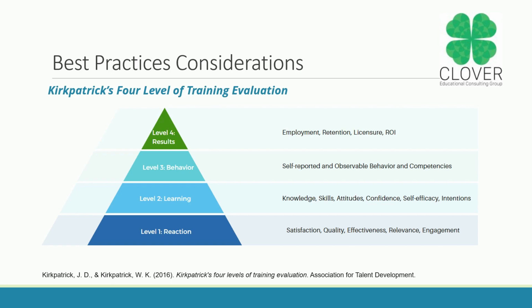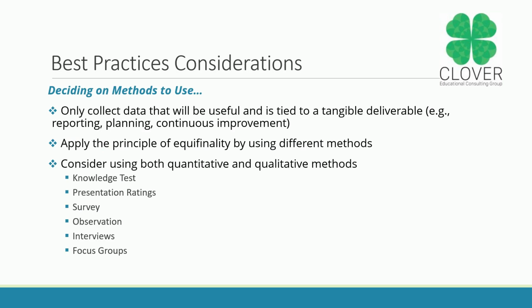But again, there are other models that you can use for training evaluations. So another best practice consideration is when you're deciding on what methods to use. So how do you even decide that? So like I mentioned before, only collecting data that will be useful and tied to tangible deliverables like your reports, your planning, continuous improvement.